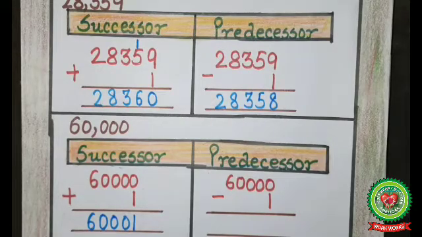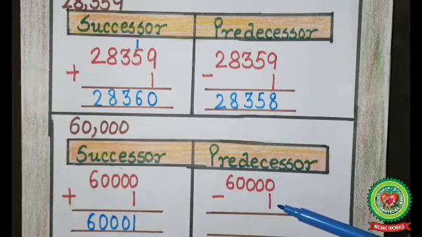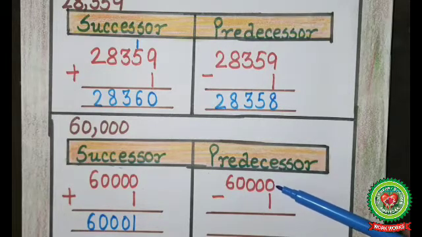Now, let's find out predecessor. For this, we will subtract 1 from the given number. Now, let's do minus. Now, students, tell me, can we subtract 1 from 0?